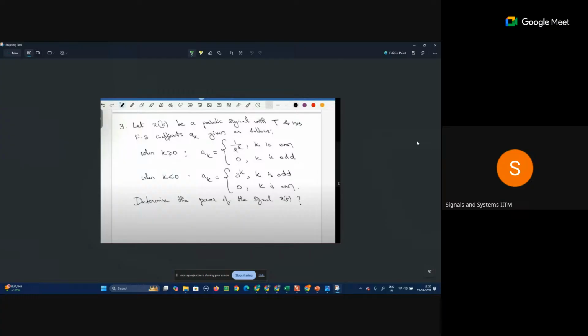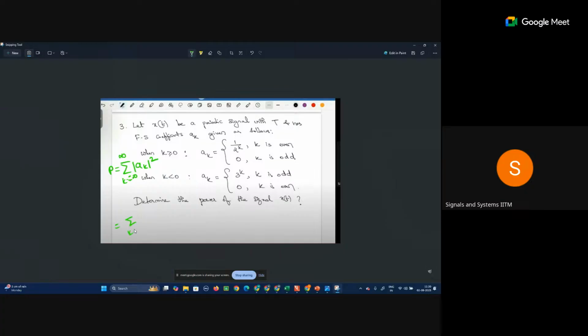So power will be the summation of this, right? K is equal to minus infinity to infinity of modulus of ak whole square. So when k is greater than 0, we'll be splitting like this, in the negative range and positive range.